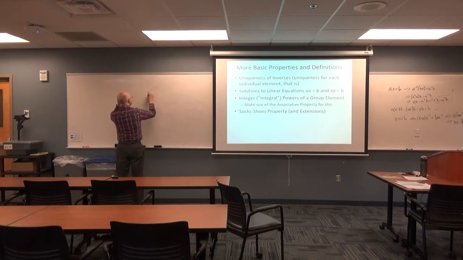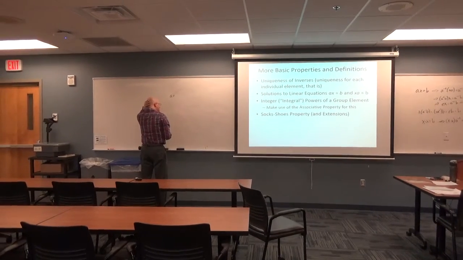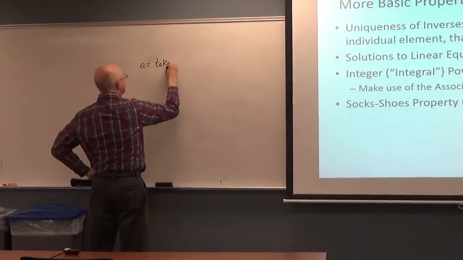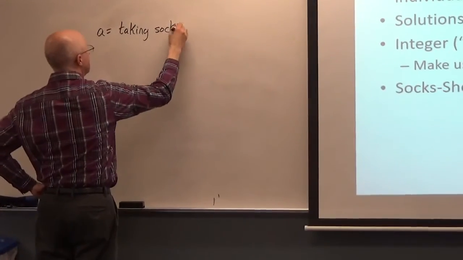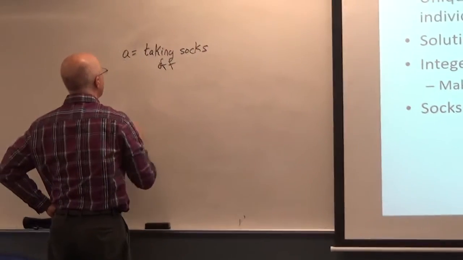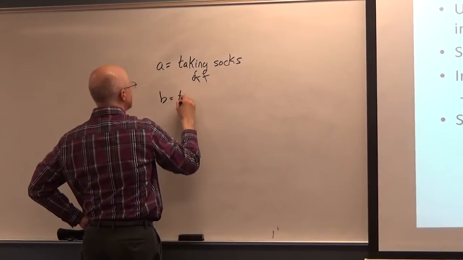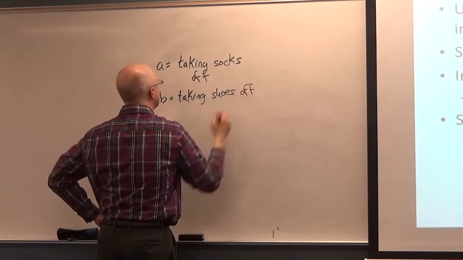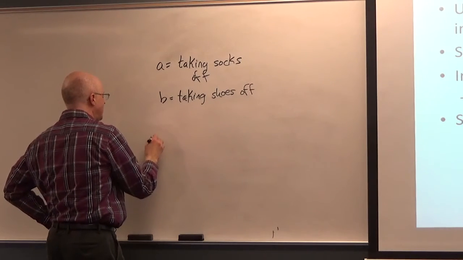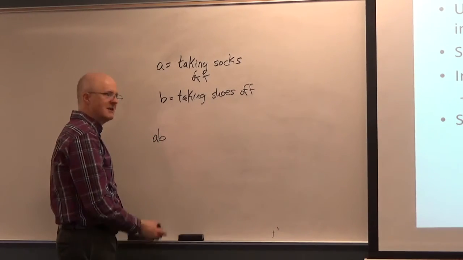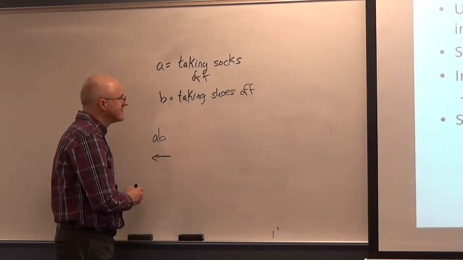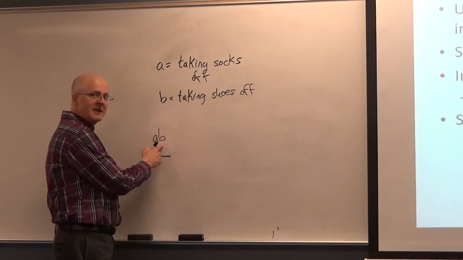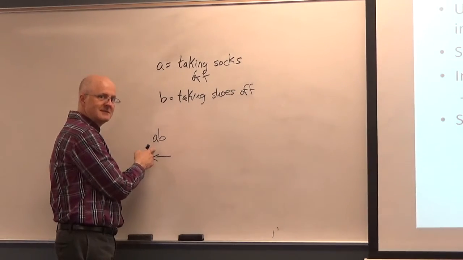If A is taking socks off, and B is taking shoes off, then the product AB, maybe thinking of it as function composition, so work from right to left, represents first taking your shoes off, then taking your socks off. Taking them both off.